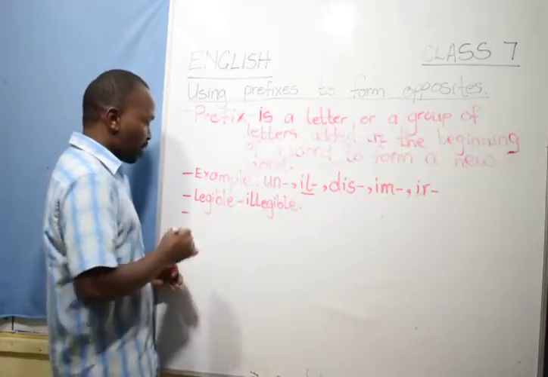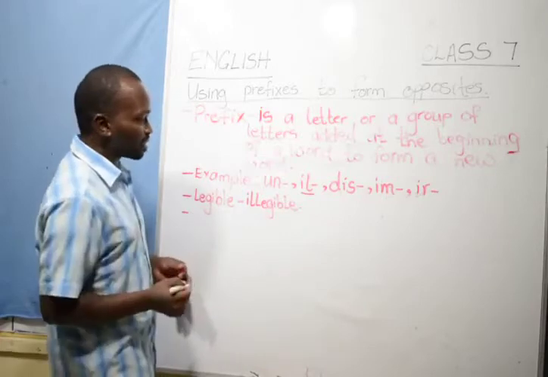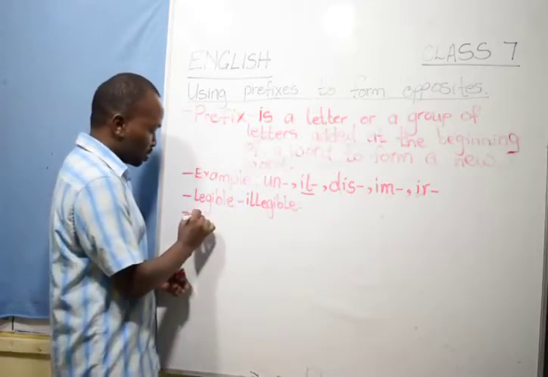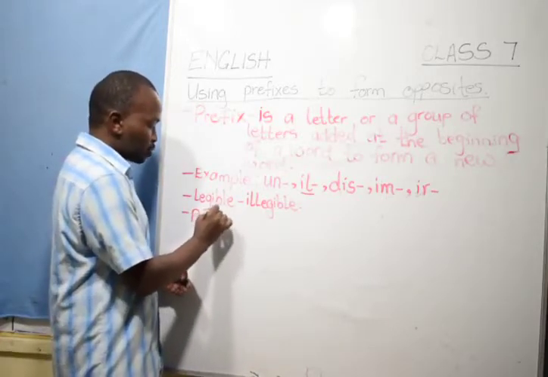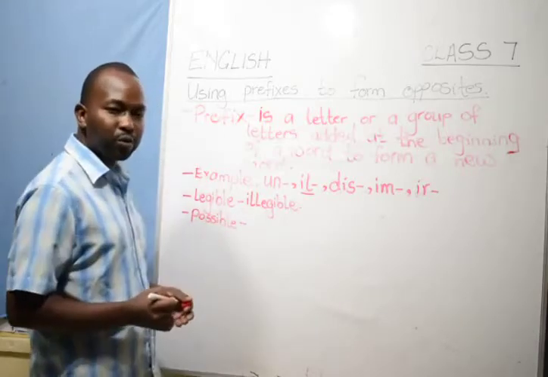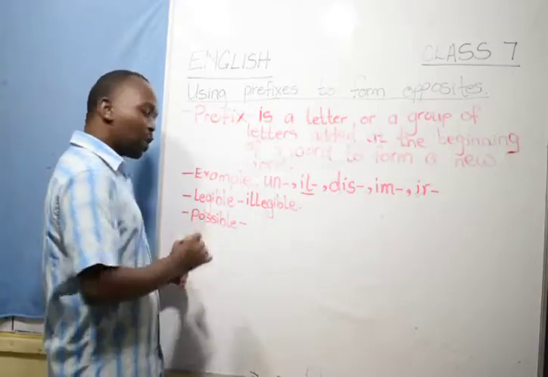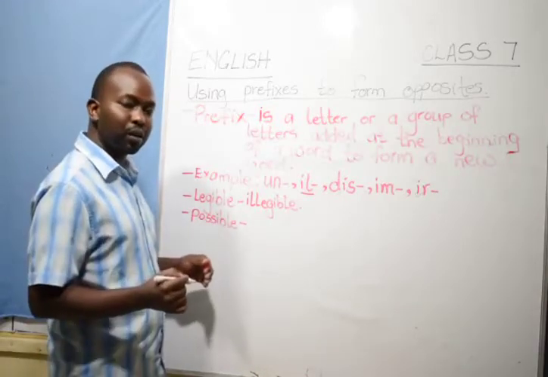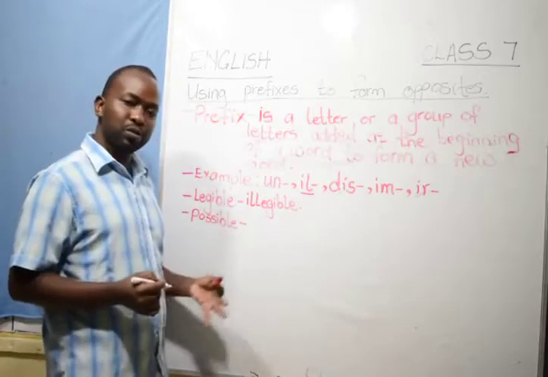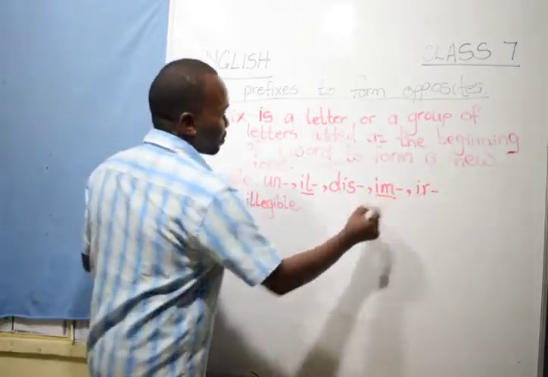We have another prefix that you can use. For example, possible. It was possible for us to swim across the river. Possible. So, let's form the opposite of the word possible. Which prefix shall we use? Very good, we shall use the prefix im.